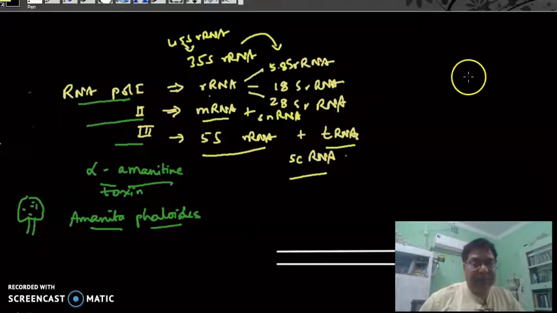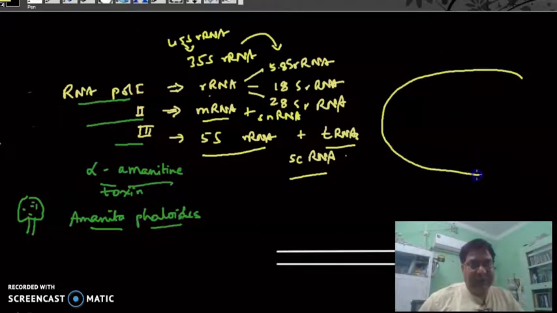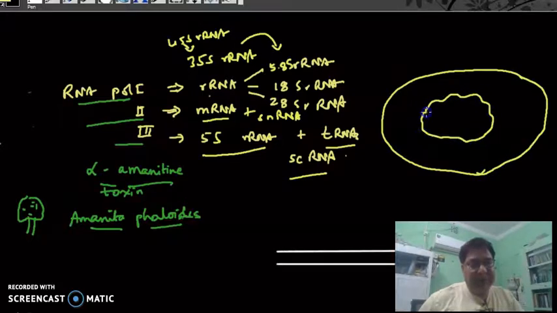processes are coupled. In prokaryotes, what happens? This is the cell, suppose it's a bacterial cell, and this is the chromosome, suppose this is the open double-stranded circular chromosome, and transcription is going on. So this is the transcript that is being formed here. There is no nuclear membrane, ribosomes are there all along the cytoplasm.